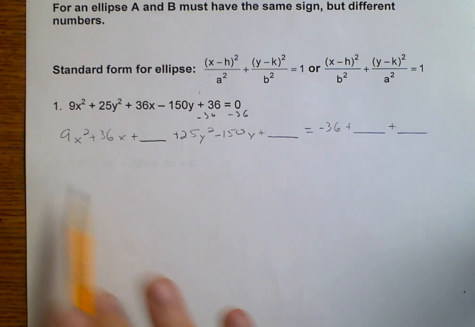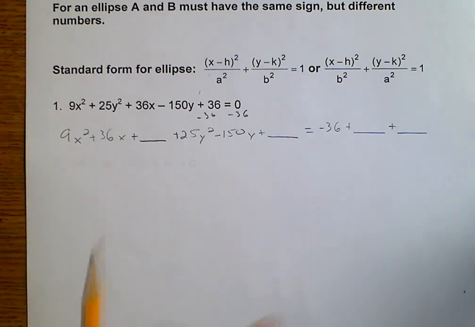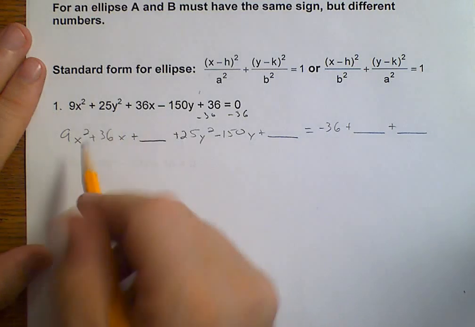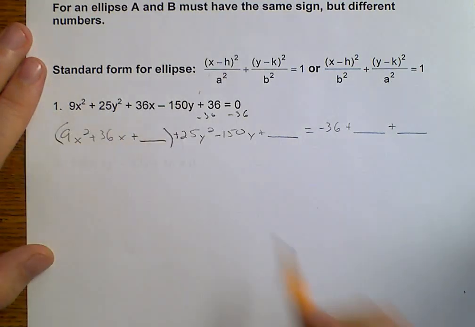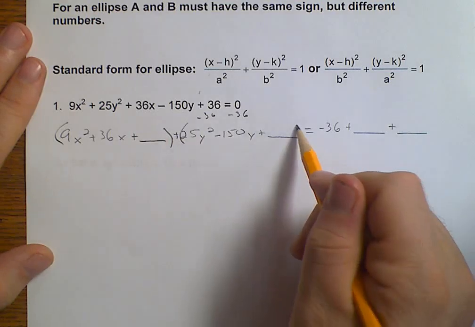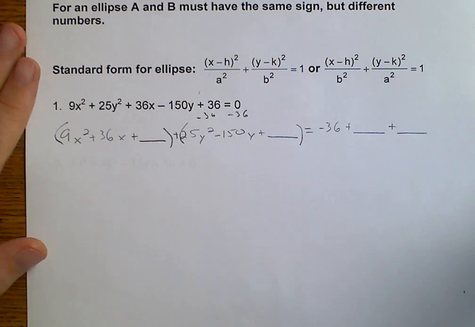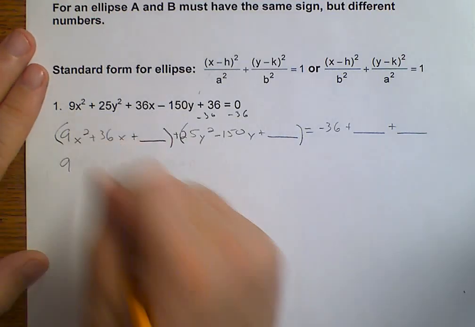Now I've got some crazy numbers. In fact, I don't want to have any coefficients in front of either x squared or the y squared. So I'm going to simplify that section, and I'm also going to simplify this section. Well, this, I can pull a 9 out of everything.